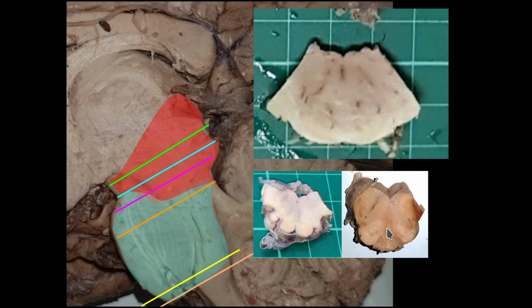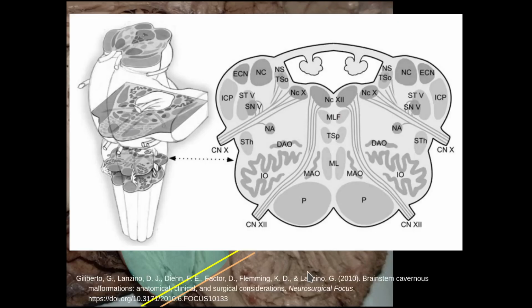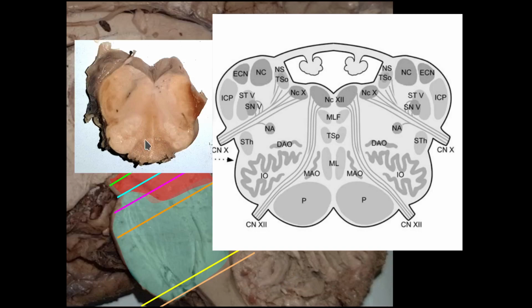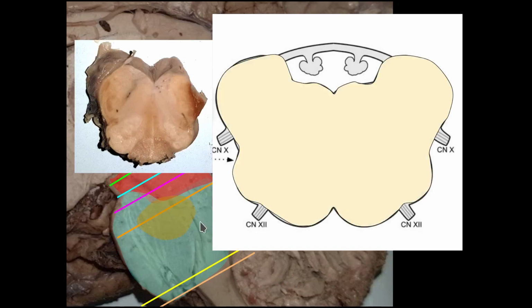So how do we get to this? We show first the detailed neuroanatomical picture, and then we mentally subtract everything out and compare it with this specimen over here. So we blot everything out, then we put in what we know. And for the medulla, we know that there should be pyramids.